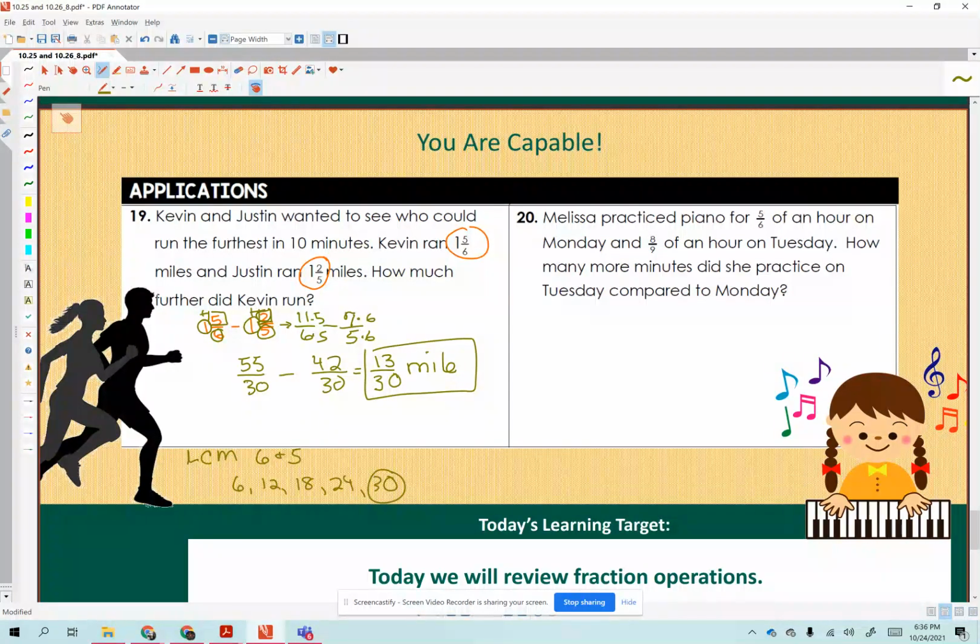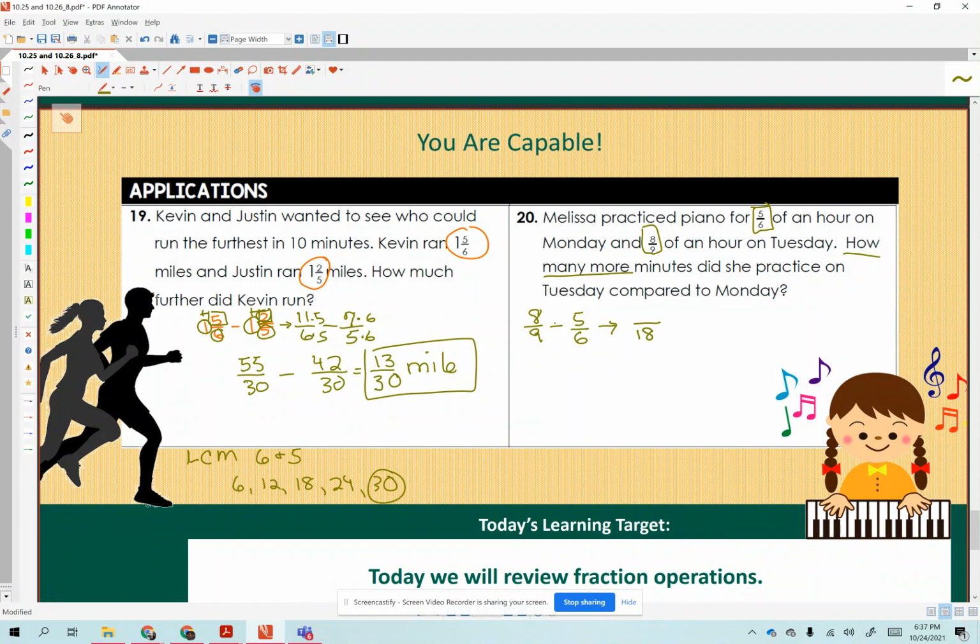And finally, Melissa is practicing the piano for 5/6 of an hour on Monday and 8/9 of an hour on Tuesday. How many more? That's always the subtraction problem. How many more minutes did she practice on Tuesday compared to Monday? So Tuesday was greater than Monday, so that would be 8/9 minus 5/6. And we need a common denominator, and we know that 18 is a multiple of 6 and 9.